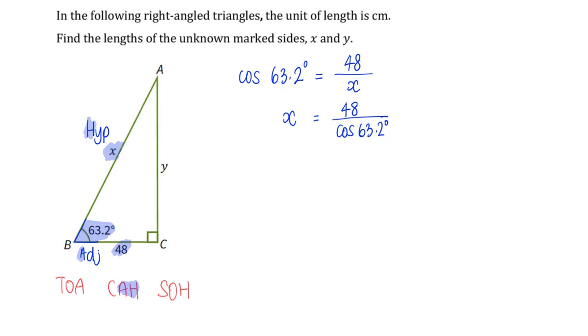Thereafter, please use your calculator well to find the answer for x. This will give me a value of 106.459. Well, this is to 6 significant figures, followed by the 3 significant figure answer, 106 cm.